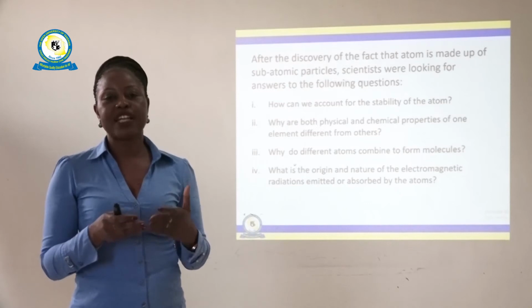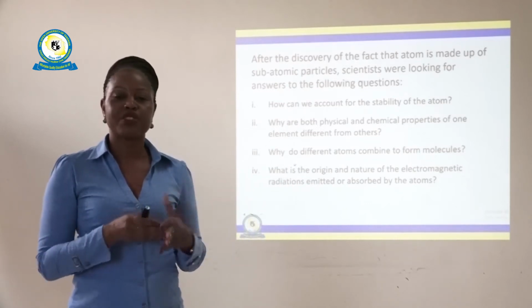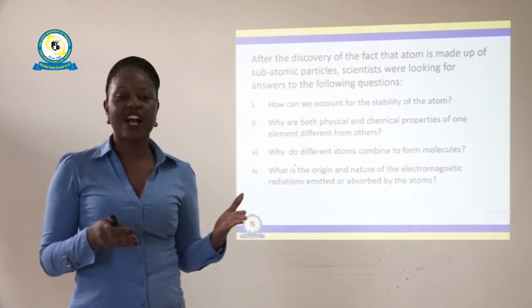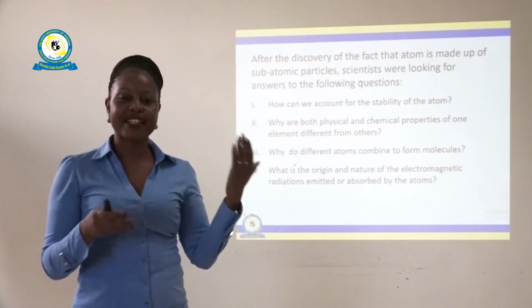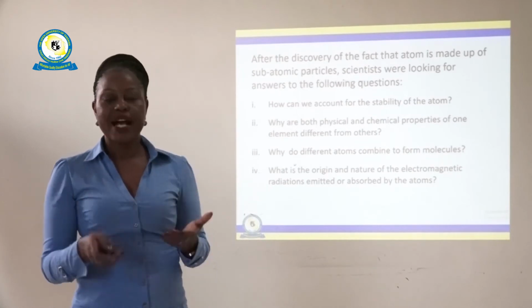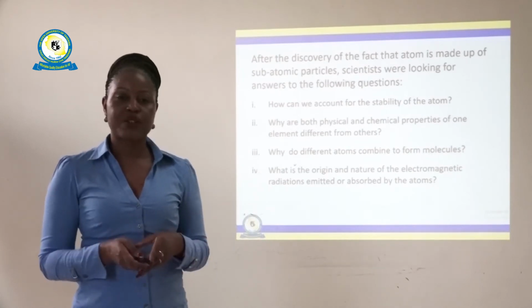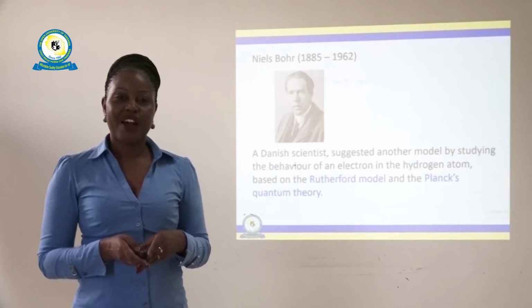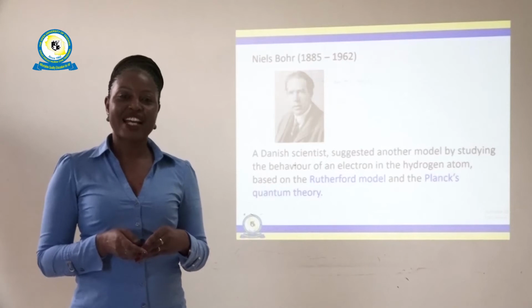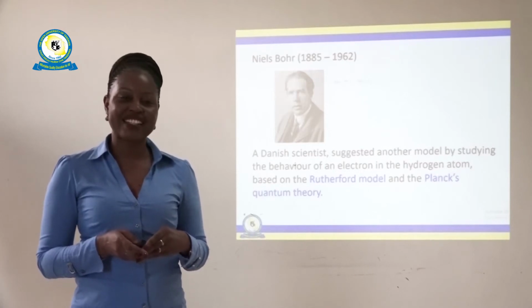And why do different atoms combine to form molecules? Those are some of the questions. And what is the origin and nature of the electromagnetic radiation that is emitted or absorbed by atoms?